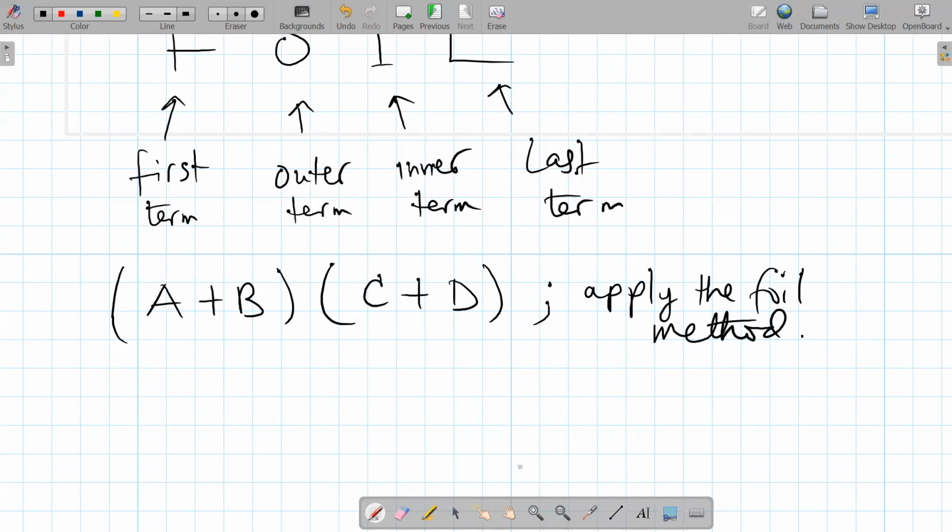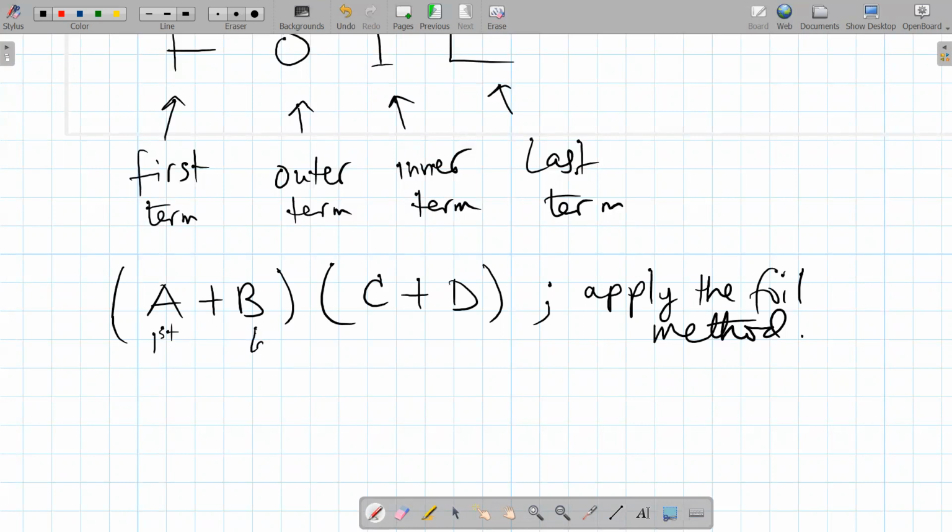Apply the FOIL method. Here, this is the first, this is the last. So this is the first, this is last.